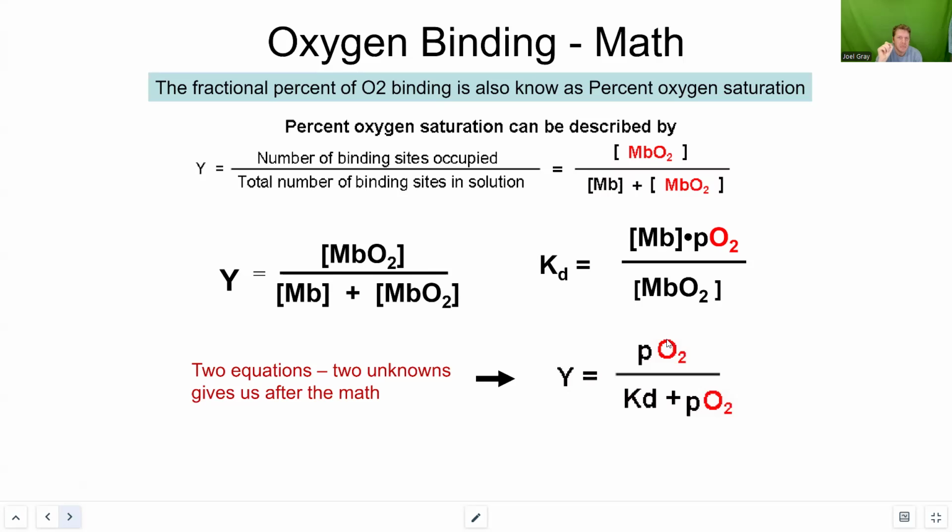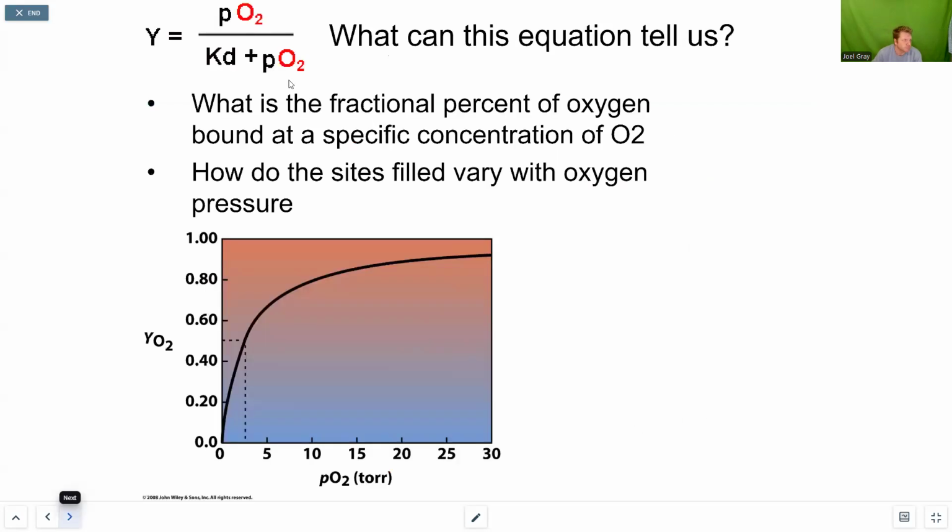The only thing that I need you to remember is that whenever we talk about the concentration of oxygen, that is going to be measured in torr. So what we have here is our partial pressure of O2 divided by our KD, or our affinity for O2, plus our partial pressure of O2.